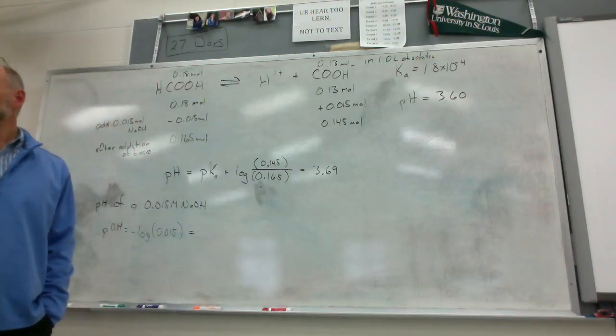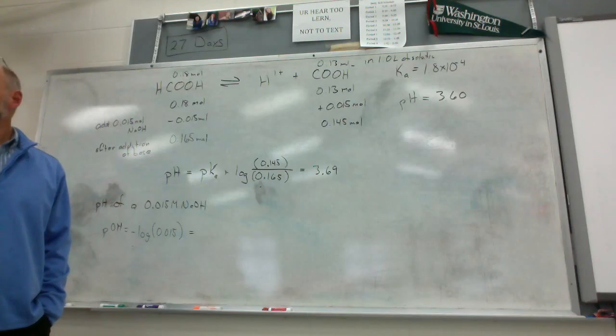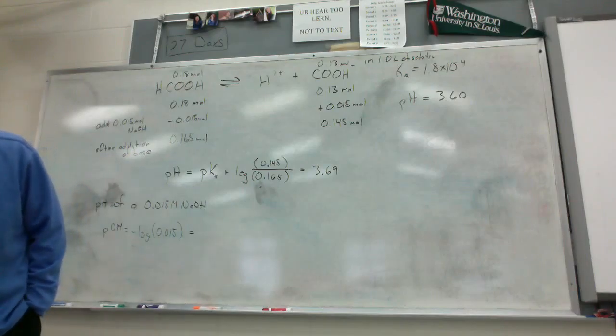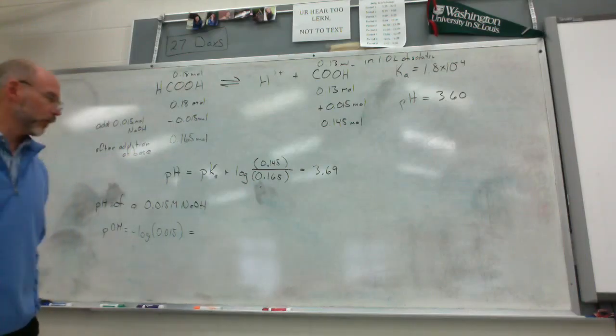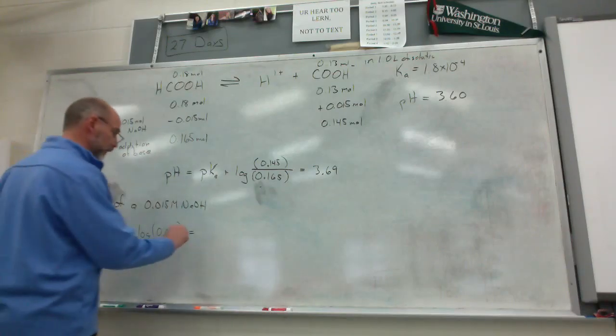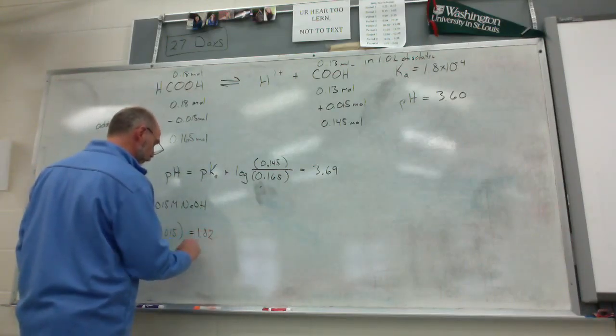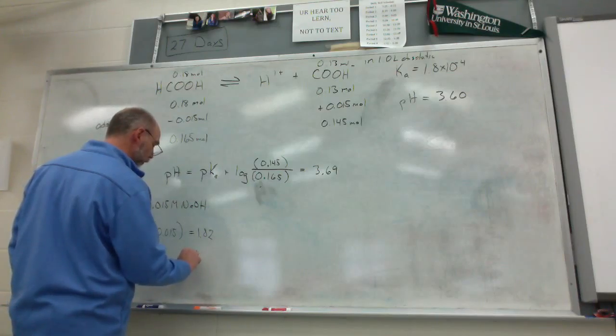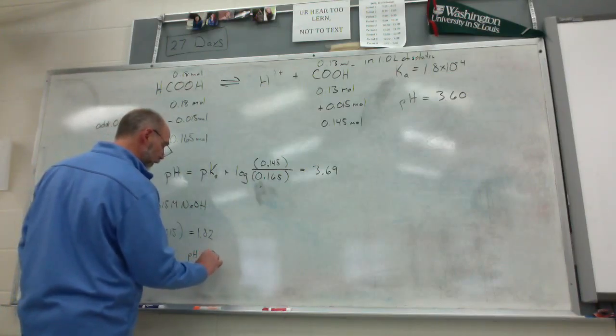I don't know, 2.4-ish? Can't remember if I went the right way or not. Maybe it's 2.6. Oh wait, I went the wrong way. Yeah, 1.82, is that what you guys got? Yes. Okay, now that's the pOH, so therefore pH is going to be 13.18.